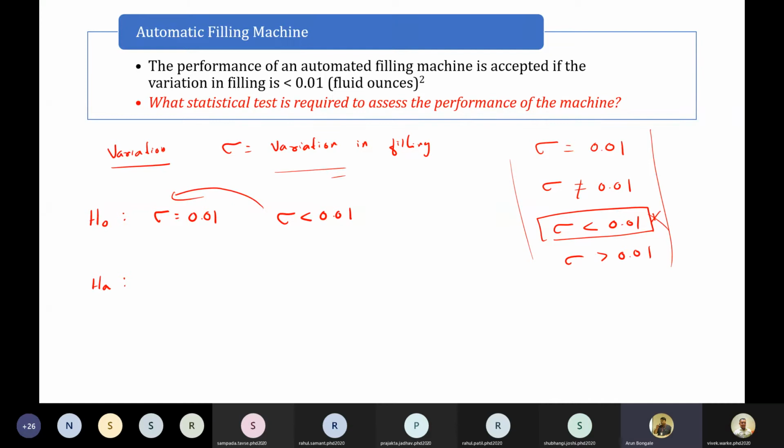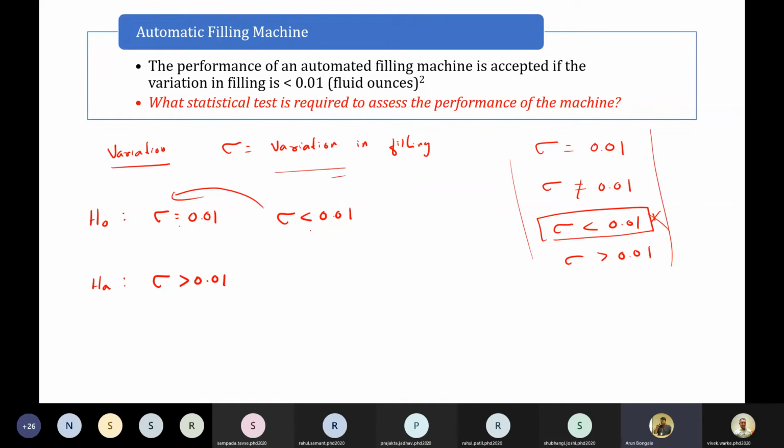The alternate hypothesis should always be complementary to the null hypothesis, giving results other than what we have stated in the null hypothesis. So the alternate hypothesis comes into the picture only when sigma is greater than 0.01, not less than. If it is less than, it is as good as equal to.